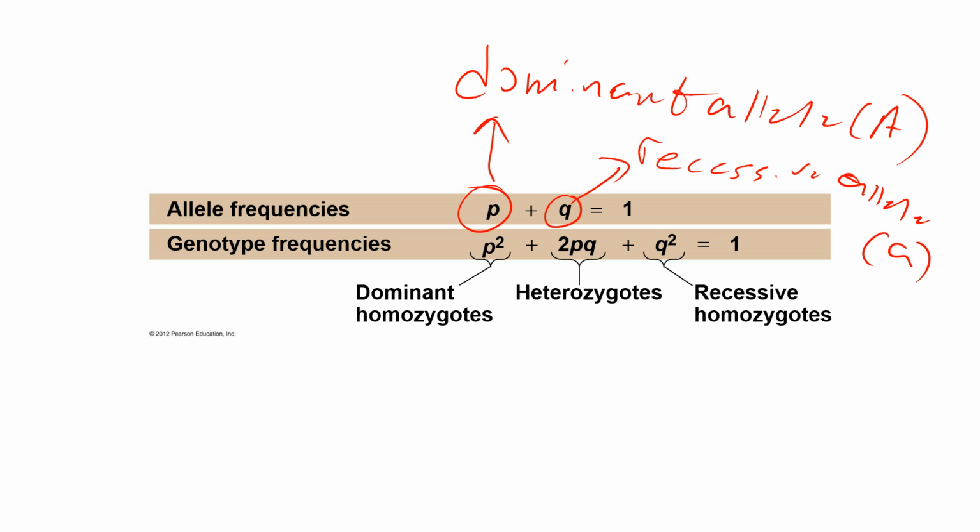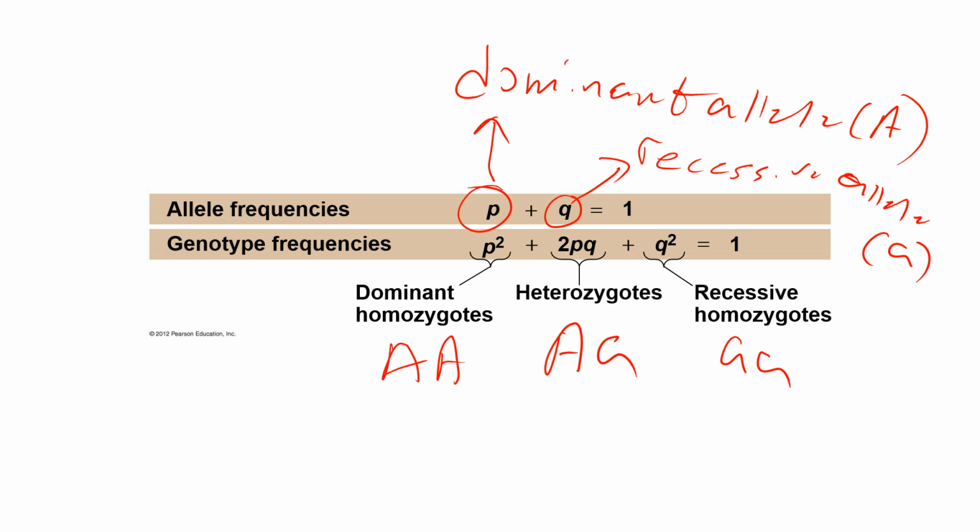Now, what about the genotypic frequencies? Individuals that are homozygous dominant, heterozygous, homozygous recessive. P squared are individuals that are homozygous dominant, so 2 uppercase A's. 2pq are individuals that are heterozygous, 1 uppercase A, 1 lowercase a. And q squared are individuals that are homozygous recessive, 2 lowercase a's.